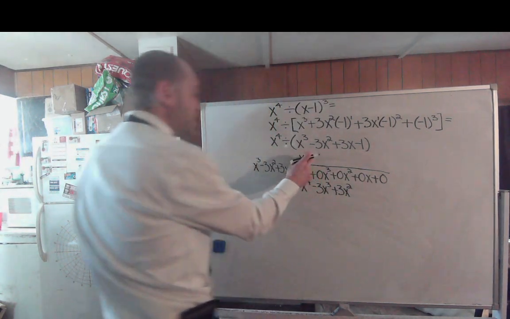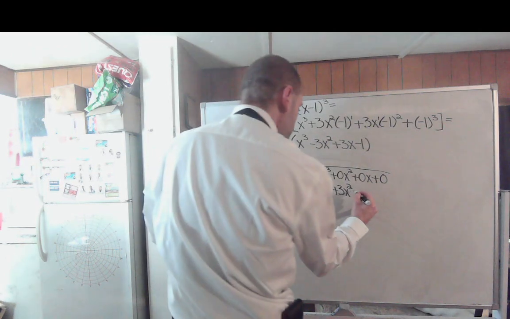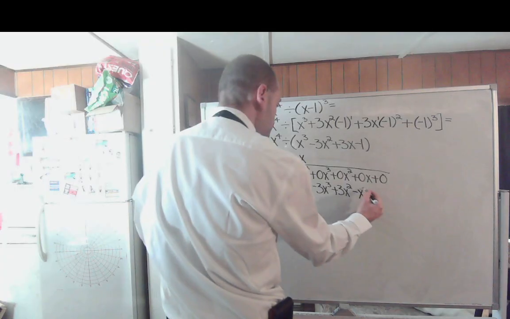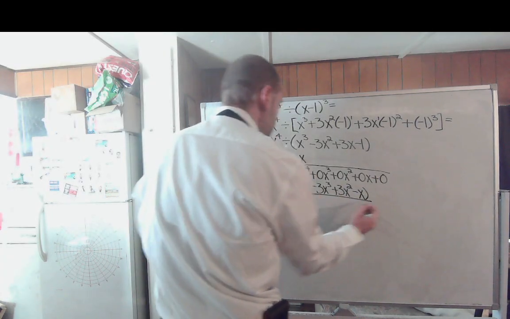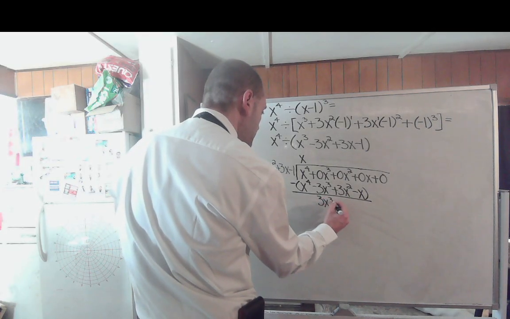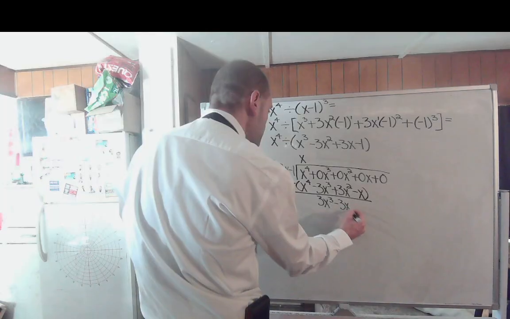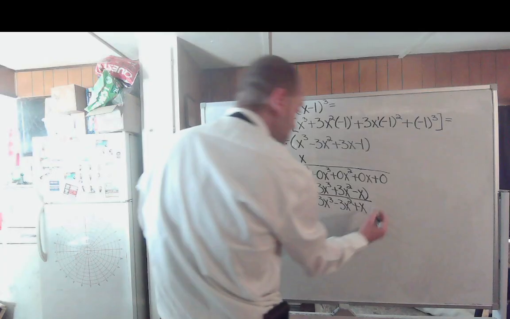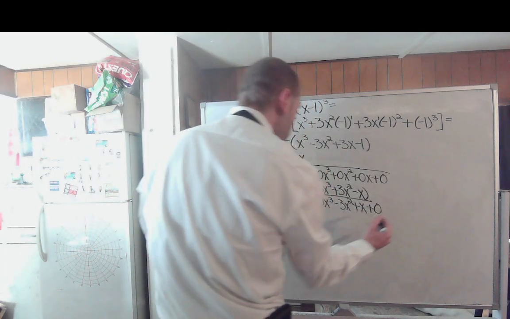Then x times negative 1 gives negative x, so minus x. Now just subtract what you just got from the dividend row above it. You end up getting 3x to the third minus 3x squared plus x. And then I have to bring down that plus 0 from the dividend above.